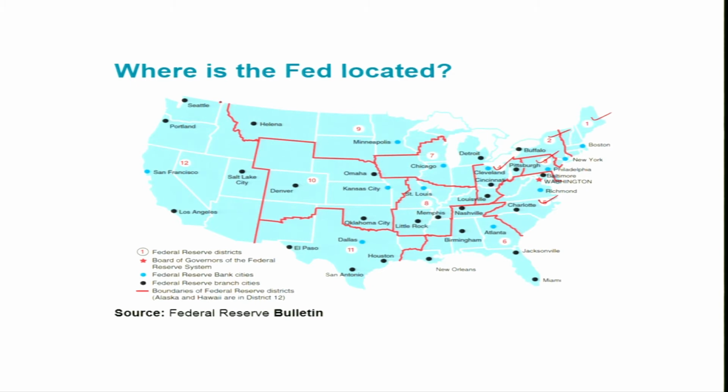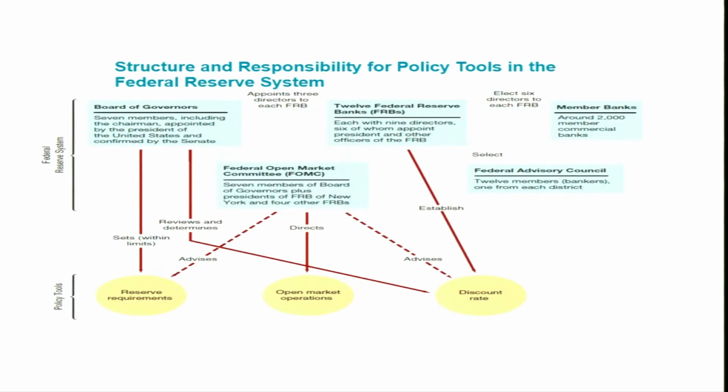For example, this area is the 12th regional Federal Reserve Bank, and here is the area of Federal Reserve Bank 1. This map shows that there are 12 Federal Reserve Banks located across the country.